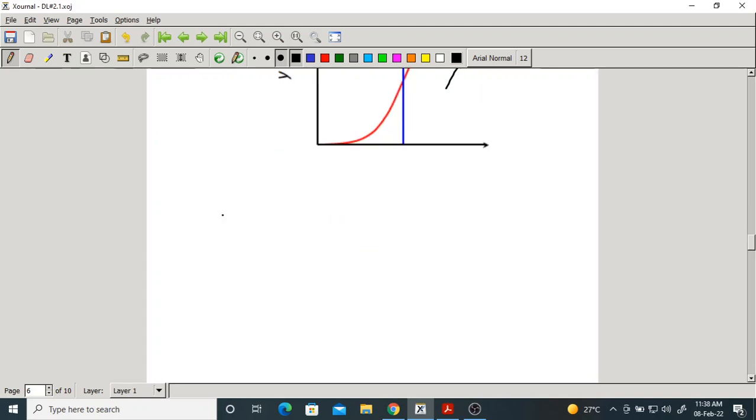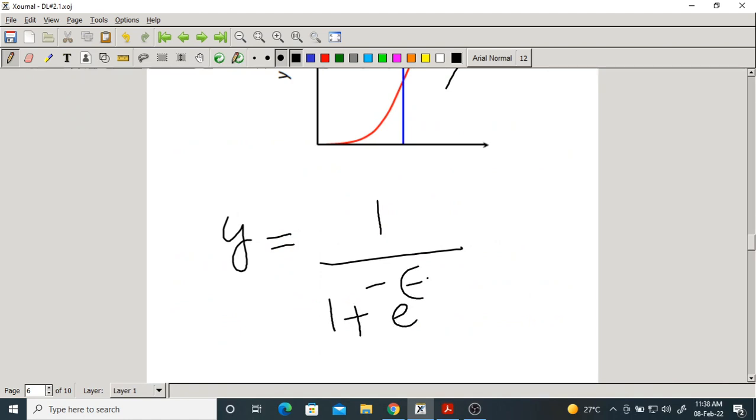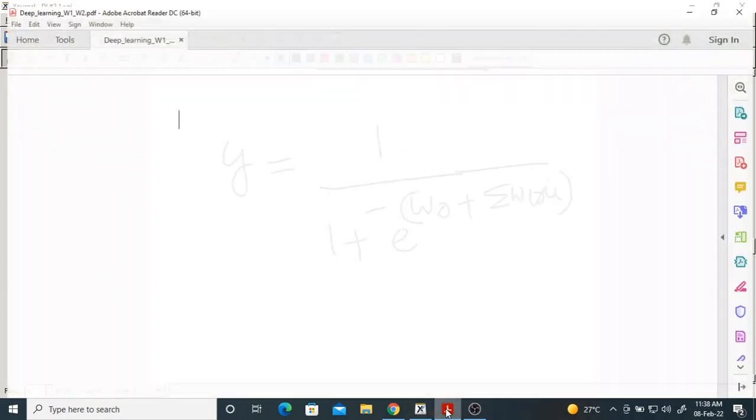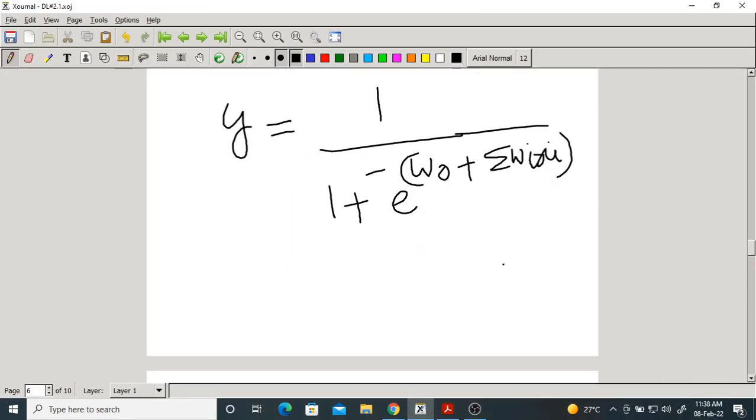Now, as I told you, what is that function? y equal to 1 by 1 plus e power minus omega naught plus summation omega i xi. You shouldn't be confused by this. What is omega naught plus summation omega i xi?